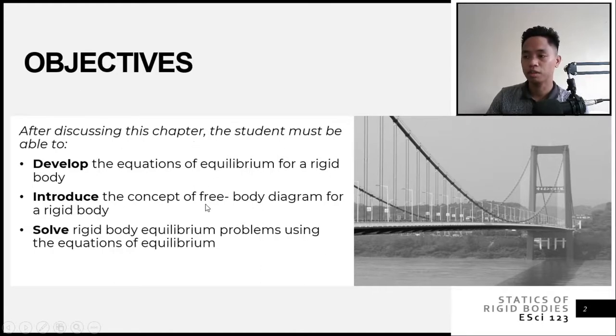Then introduce the concept of free body diagram for rigid body. There is a difference between an FBD for a particle and an FBD for a rigid body, and you will understand that later as we go along with the discussion. Then lastly, solve rigid body equilibrium problems using the equations of equilibrium.